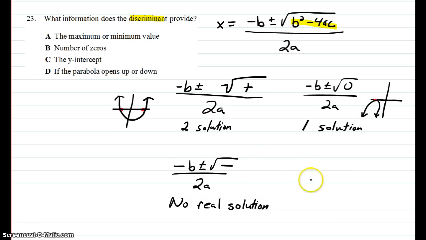And then when we have no real solution is when we'll have a parabola that opens up or down, but the vertex is above the x-axis or below the x-axis. So the discriminant doesn't tell us the minimum or the maximum value, it tells us the number of zeros.